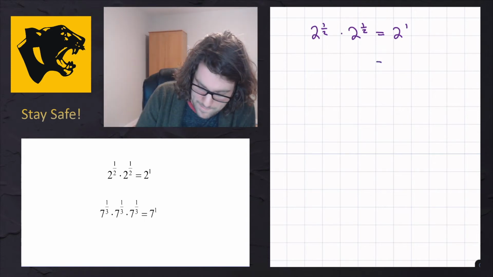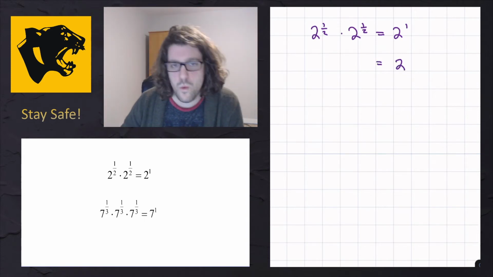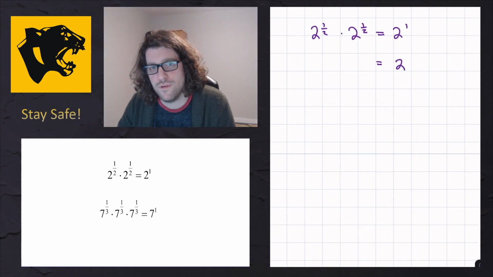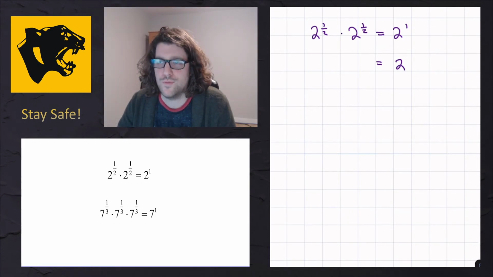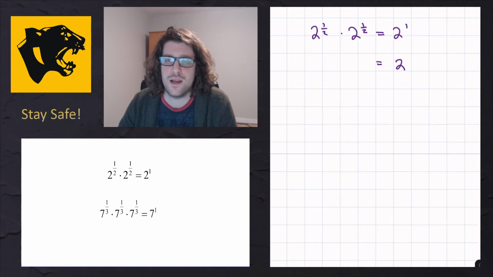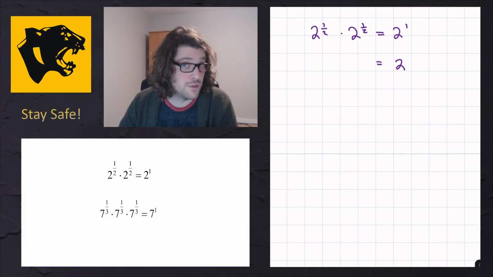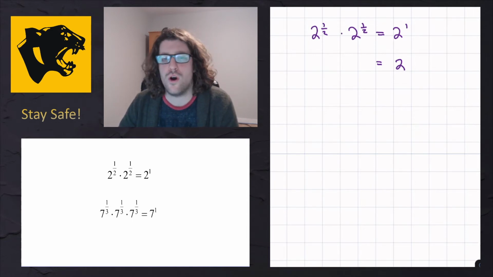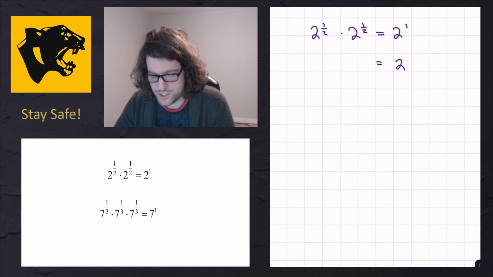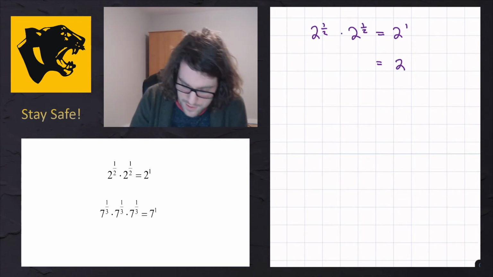Now, what times itself gives you 2? Well, when you find something that multiplied by itself gives you another value, sometimes we call that thing the square root of the value that we get in the end. So we're looking for the square root of 2 when multiplied with the square root of 2 would give us 2.